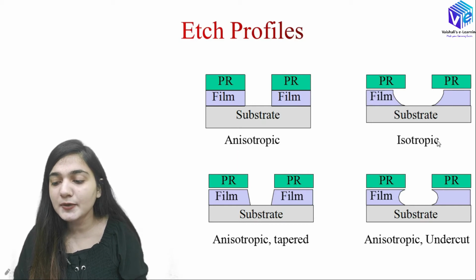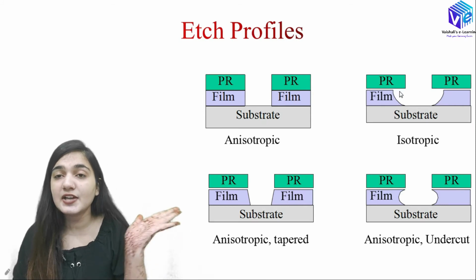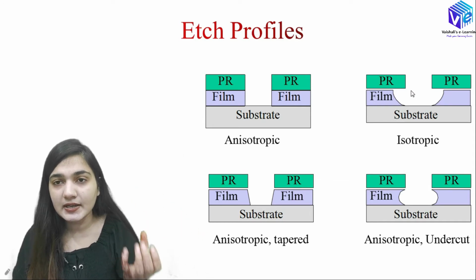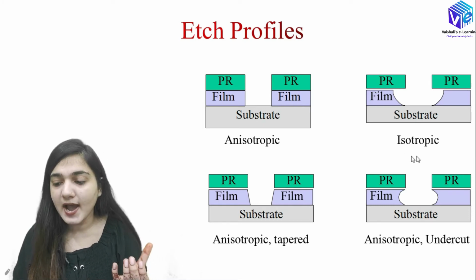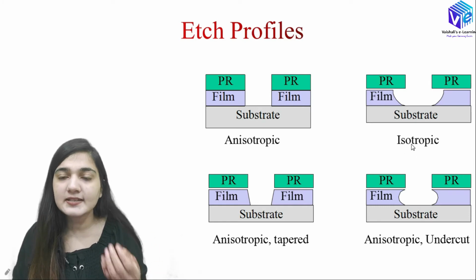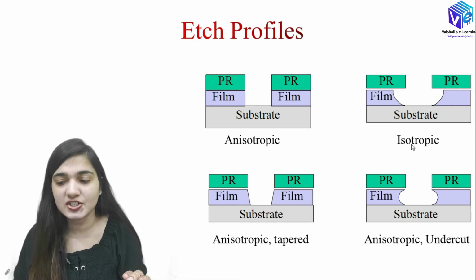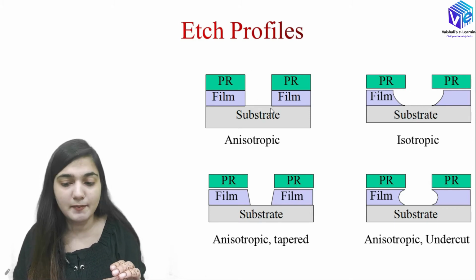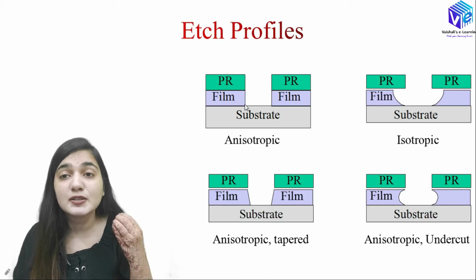If I compare it with the isotropic etch profile, here at this point it has the chemical, so the chemical is etching in all of the directions. So now here I will have lateral etching of the film as well. This mostly occurs in wet etching. So the isotropic profile is done with the help of wet etching. So you can see if I want this kind of particular mask, this type of mask is very useful.